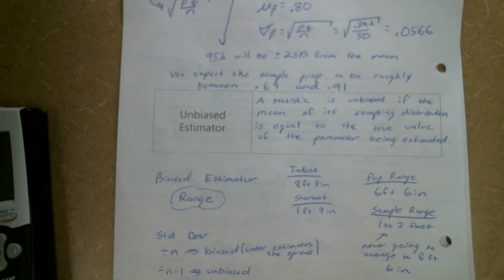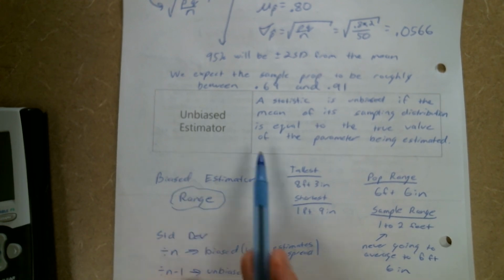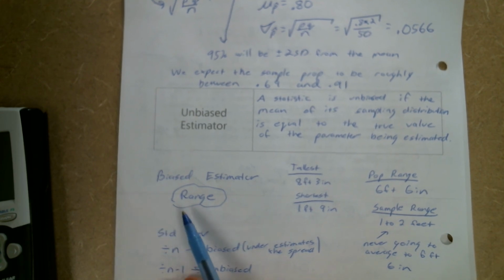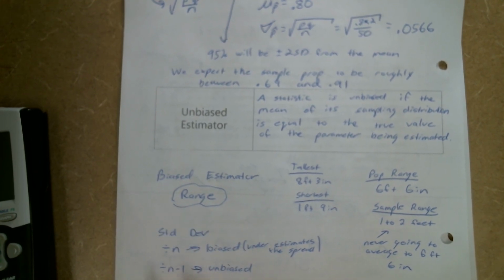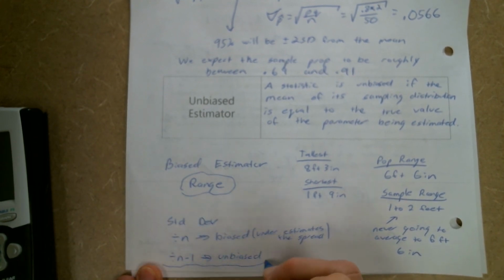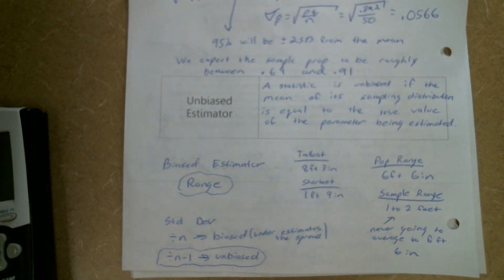So proportions are an unbiased estimator. Means are an unbiased estimator. Things like range and standard deviation: well, range is a biased estimator. Standard deviation, it depends. If you divided by n, it would be biased, which is why we divide by n-1. That's the whole reason we do it with an n-1 there.